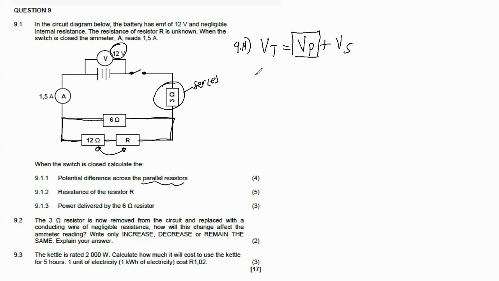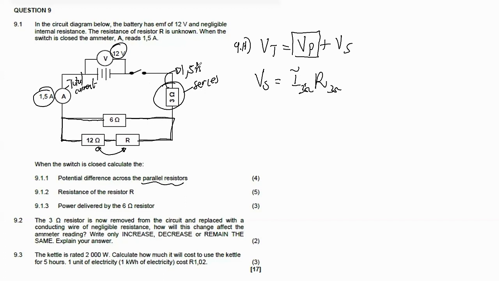So the way to do that is, number one, let's calculate the Vs by saying the current multiplied by the resistance. We take the current in the 3 ohm resistor and also the resistance of the 3 ohm resistor. We are given the current in the ammeter, 1.5 amperes, which indicates the total current. Since the ammeter and this resistor are connected in series, the current that flows in the 3 ohm resistor has to be 1.5 amperes.